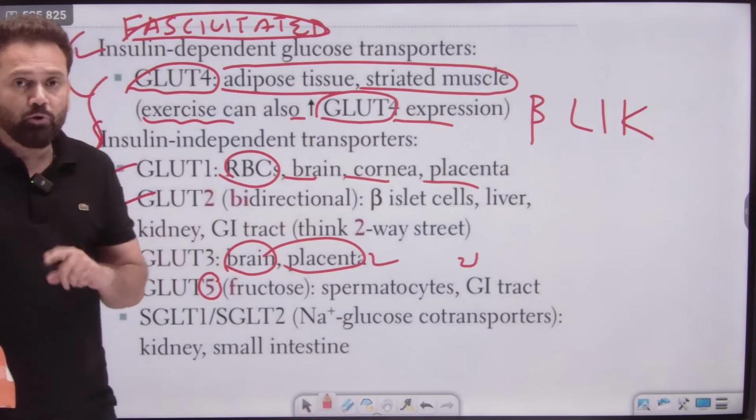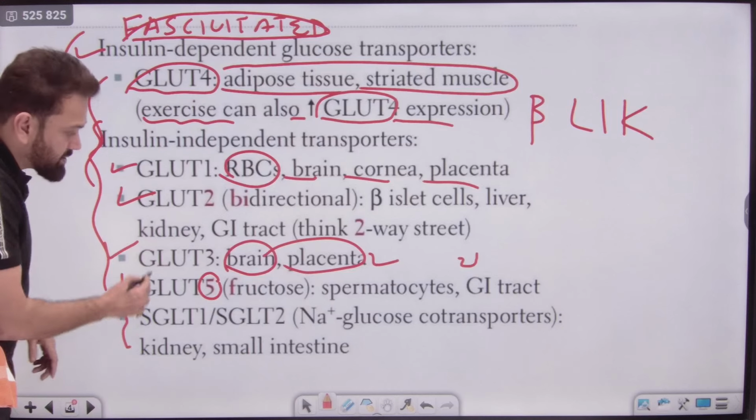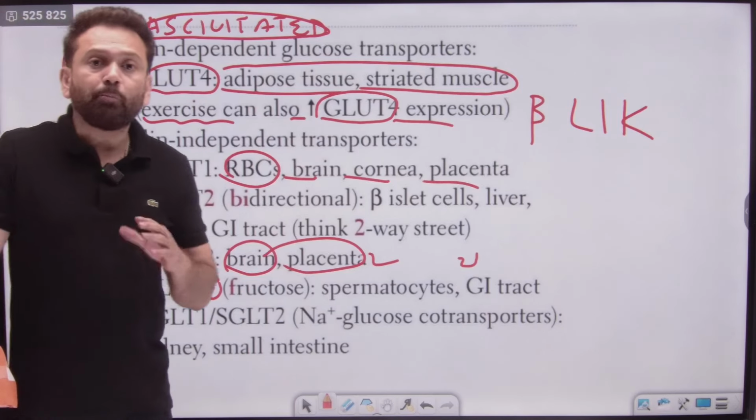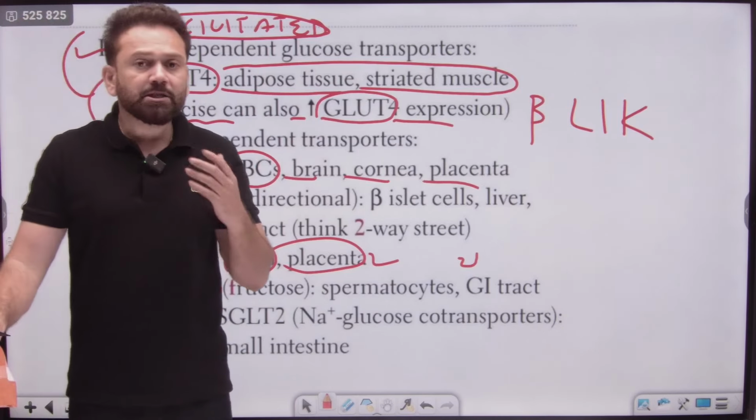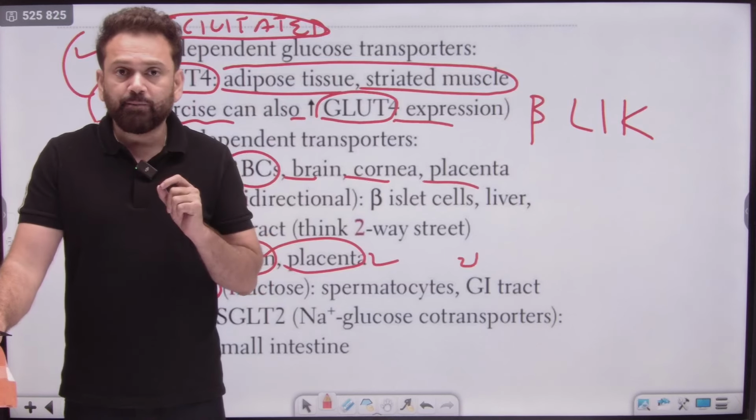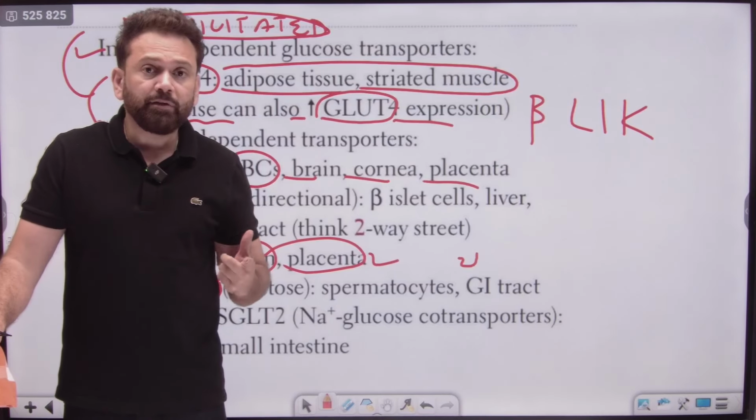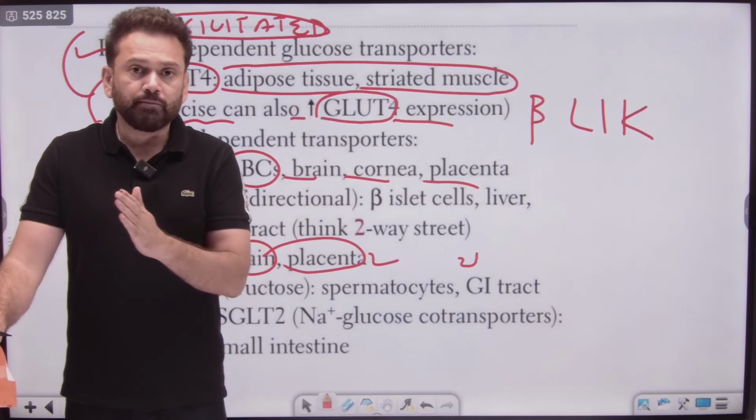In active transporters, we have SGLT1 and SGLT2. Both SGLT1 and 2 are present in the kidney, but in the intestine only SGLT1 is present. That is why in diabetic persons we give SGLT2 blockers. What are those?